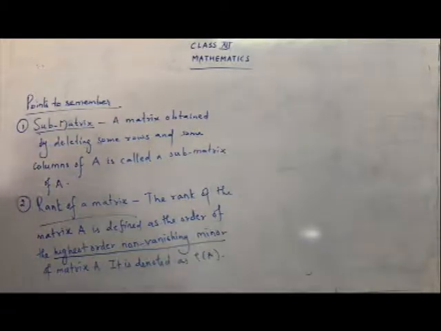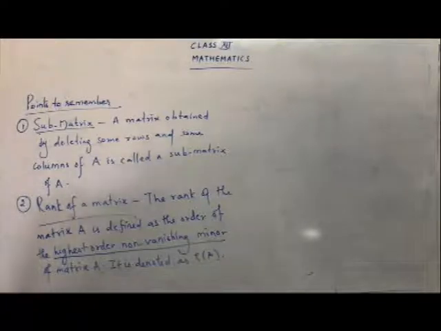Before we go on with the non-vanishing minor, I want you to write down one more point, because without a proper explanation you would wonder what this highest order non-vanishing minor is. So let's write the meaning of minor first. You can see a line before the rank of a matrix. I hope you have got that point, children.